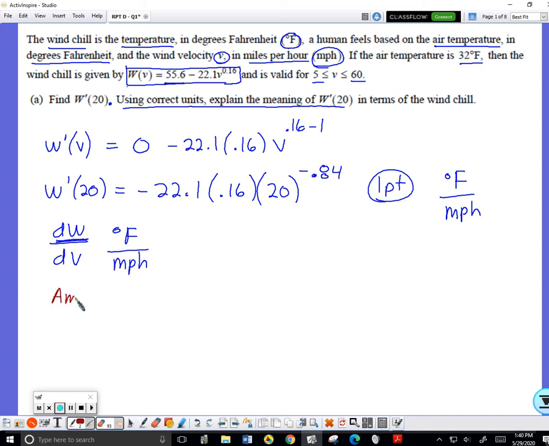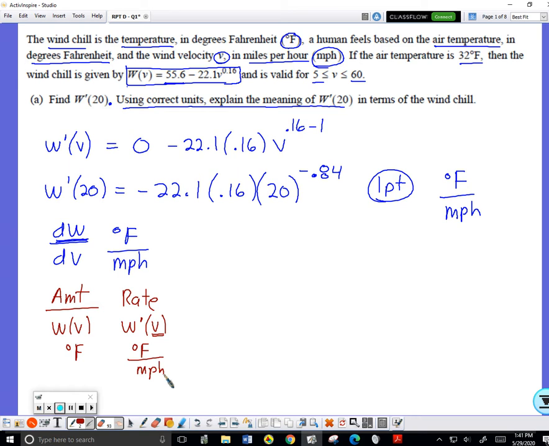It's a temperature. That's W, degrees Fahrenheit. Therefore, the rate is going to be W prime, and that's going to be in degrees Fahrenheit per this variable, which is miles per hour.